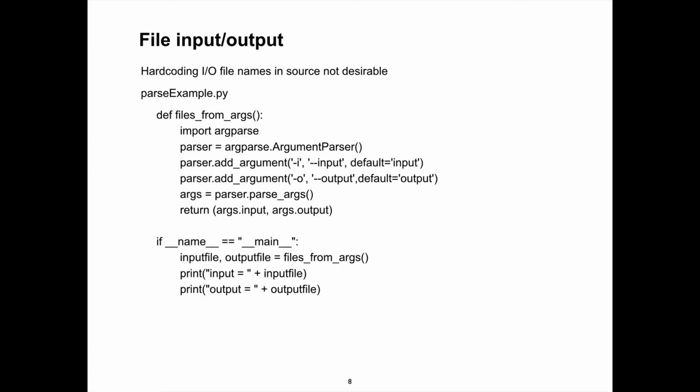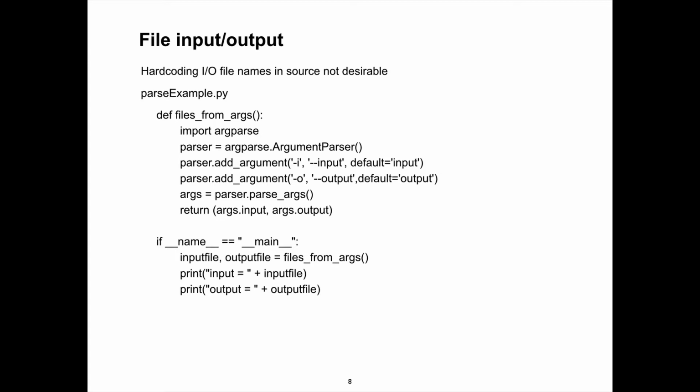But now we need some way of passing parameters to our program. There are a couple of standard ways you can do that in Python. One way is with argparse. What's happening here is we say input, and we give a default value if it doesn't exist.